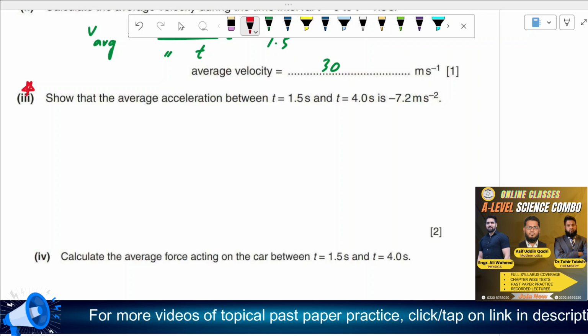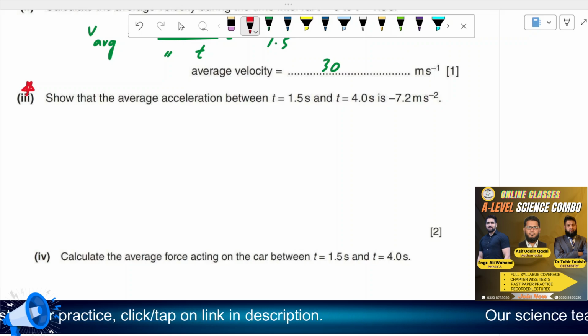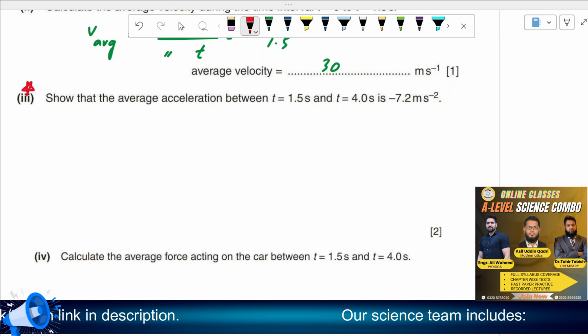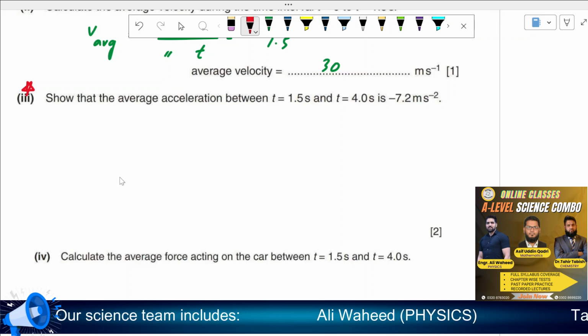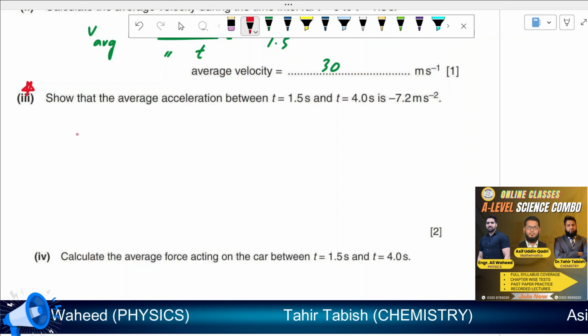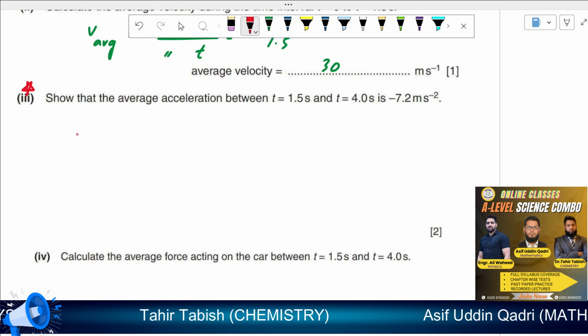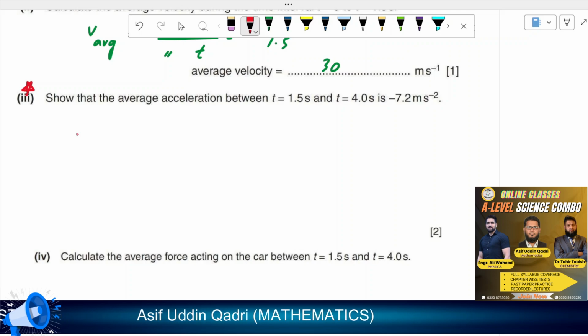For this one, all we need is the two velocities, the initial velocity and the final velocity. And then we can simply use the formula of the acceleration, which is final velocity minus initial velocity divided by the difference in the time in which the velocity changes from u to v. So let me write down the expression first.